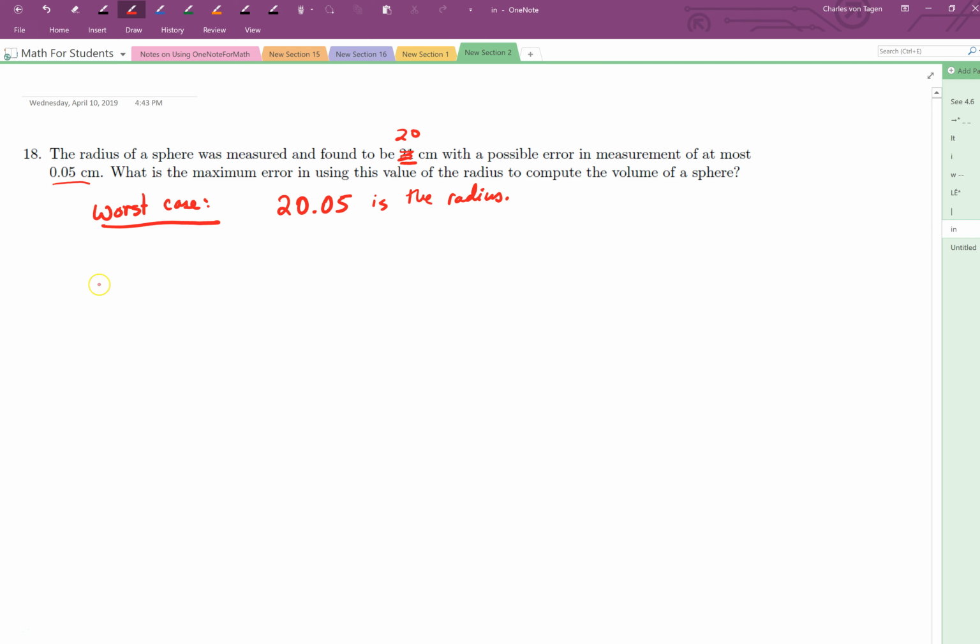So here, to find the true answer, let's pause for a second. Let x equal the radius. As you know, the volume of a sphere as a function of the radius is 4/3 times pi times x cubed, the radius cubed.